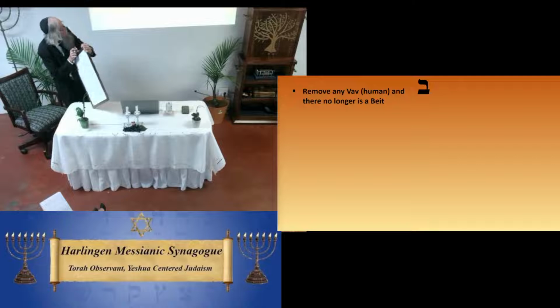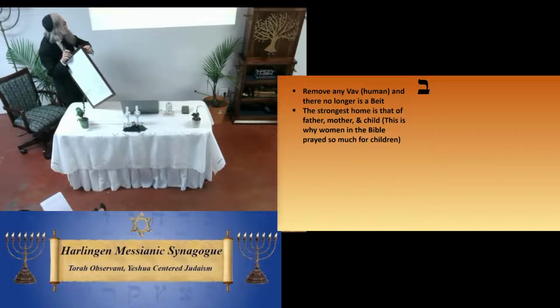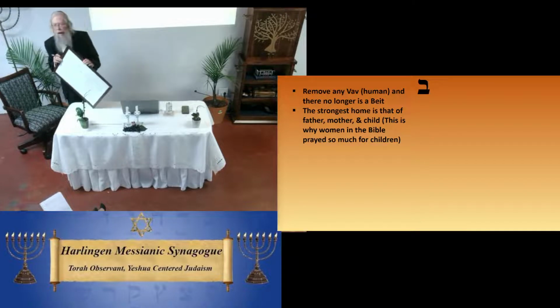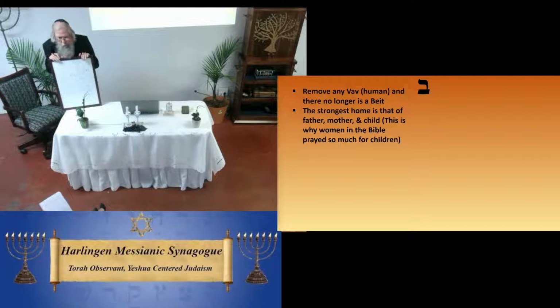So this is why women in the Bible prayed so much to have children. You will find women in the Bible pleading with Hashem, with all of their hearts, to have a child.